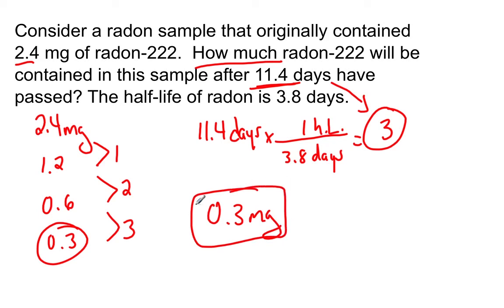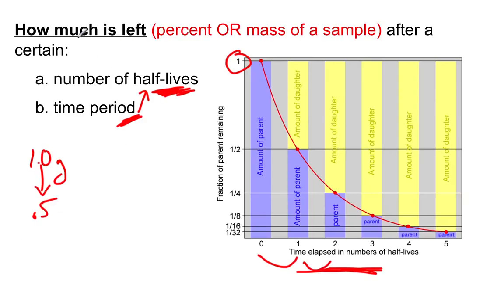So again, just to summarize here, we looked at 3 different problems. We always calculated how much is left. We had our starting value up here, and then we had to figure out, where are we on this curve? Are we after 1 half-life? Are we here after 2 half-lives, 3 half-lives? How much did it go down to after a certain time period has passed?